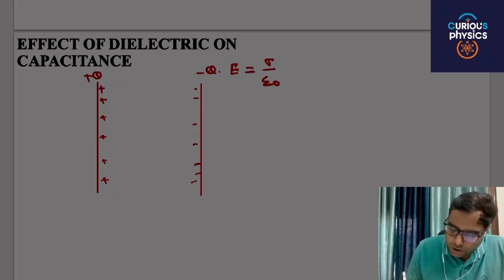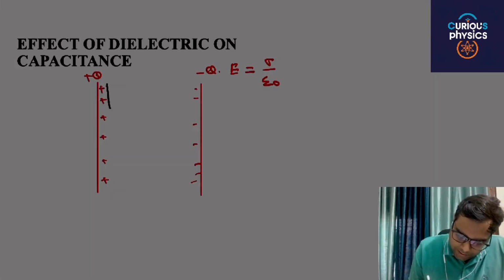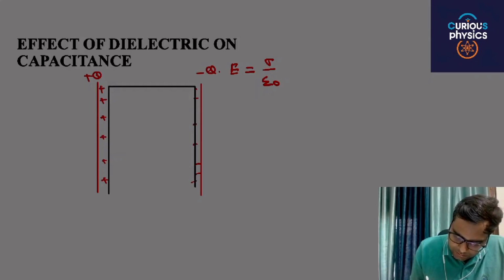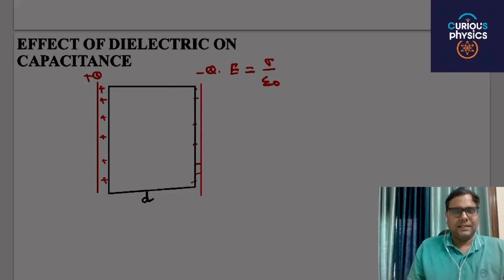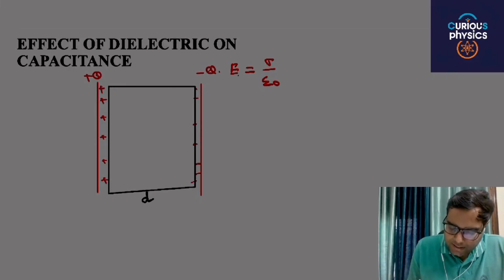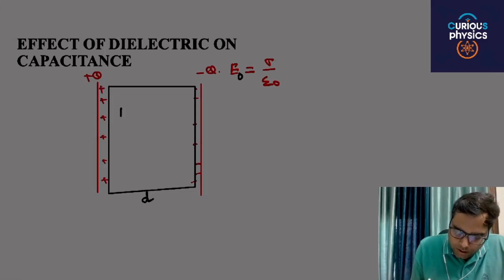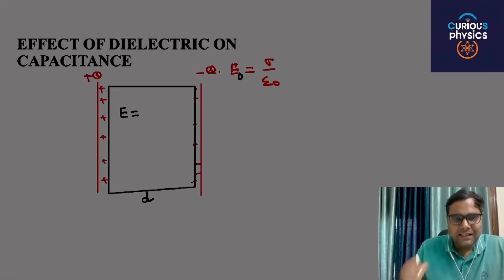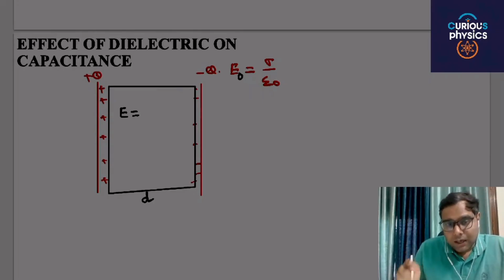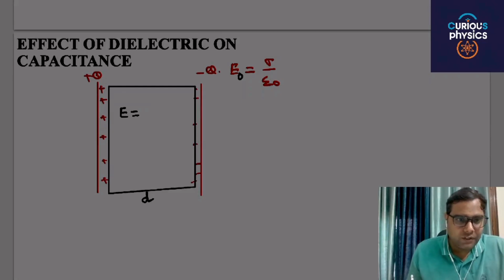Now if we introduce a dielectric of the same width D, then let's say the initial electric field is E naught. Now the induced electric field will be less than the initial electric field without the dielectric.